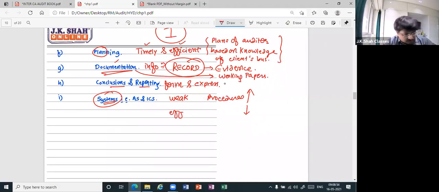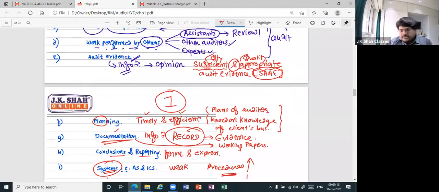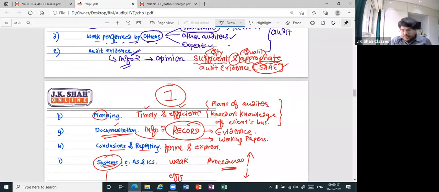So statement, hear carefully. Depending on the system, the auditor will decide the nature, timing, extent of audit procedures. Procedures means audit procedures only. This is also an important phrase, just like SAE, which was sufficient appropriate audit evidence.